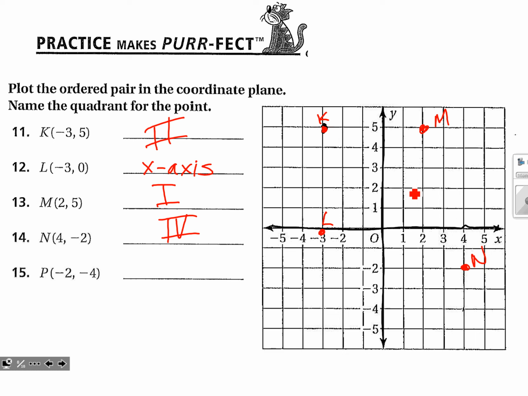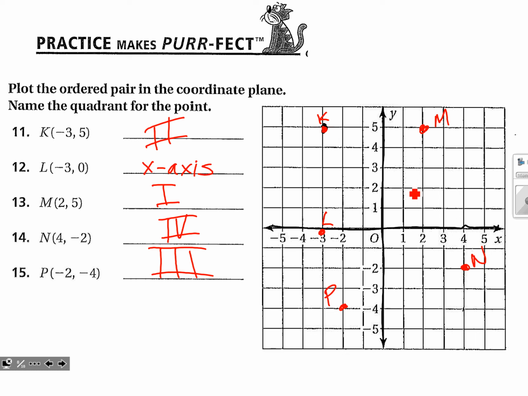And for number 15, P is located at (-2, -4), and it's located in the third quadrant. So remember, what you're supposed to have done is plot the points on the coordinate plane, and name the quadrant or the axis that it's located at. Number 11 is second quadrant, 12 is x-axis, 13 is quadrant 1, 14 is quadrant 4, and 15 is quadrant 3.